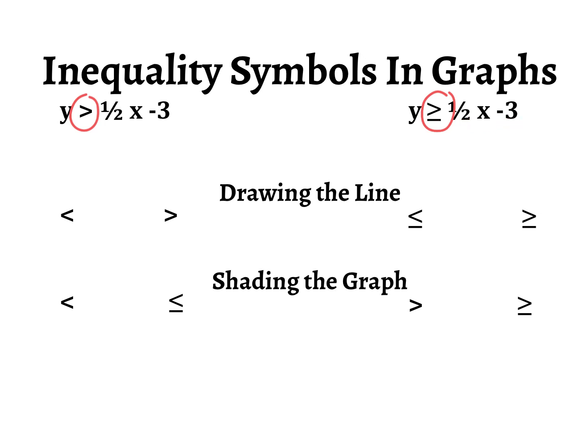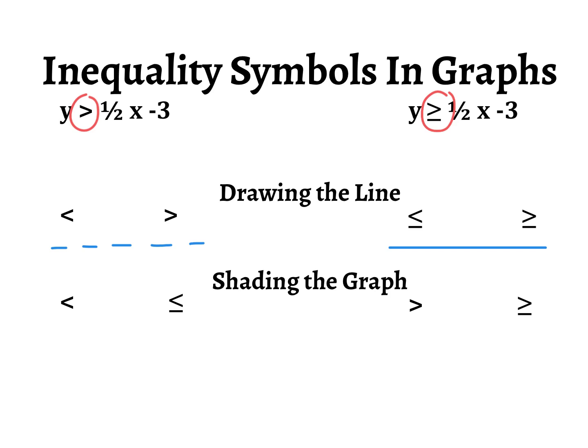When we're going to graph these functions, there are two things we want to pay attention to. Does it have an equal symbol underneath? If it does not have an equal symbol, whether it's greater than or less than, we're going to represent it with a dotted line. And if it has an equal symbol underneath, whether it's less than or equal to or greater than or equal to, we're going to represent it with a solid line.